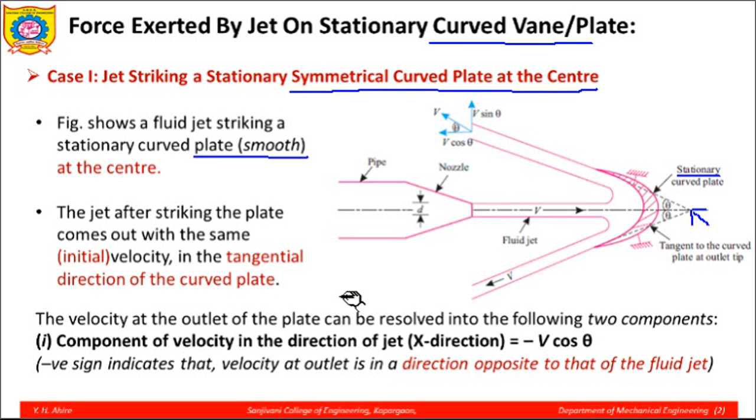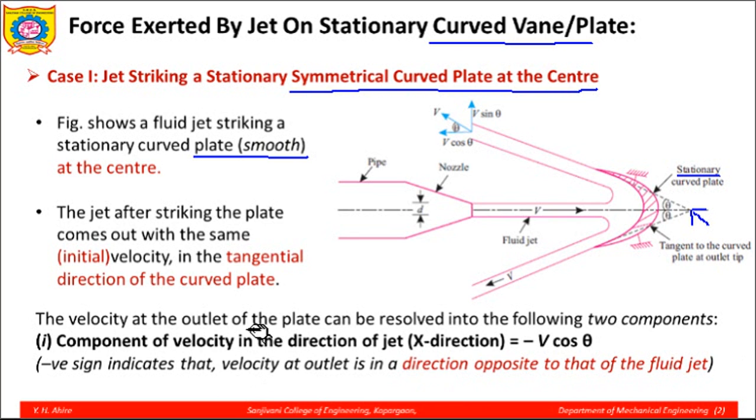Now, when it is ejecting out in a tangential direction of the curved plate, it means it has angle theta. So this is the velocity of the jet at the outlet, capital V, and it is making angle theta with the horizontal axis, that is the x-axis, because the tangent has some inclination and the liquid is ejecting out tangentially.